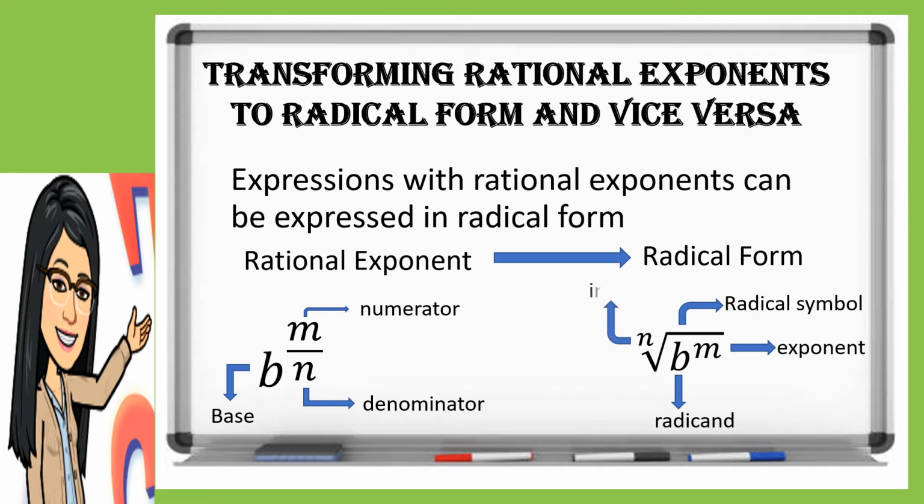And n is called the index. So from rational exponent form, the denominator is the index and b raised to m is the whole radicand in radical form.